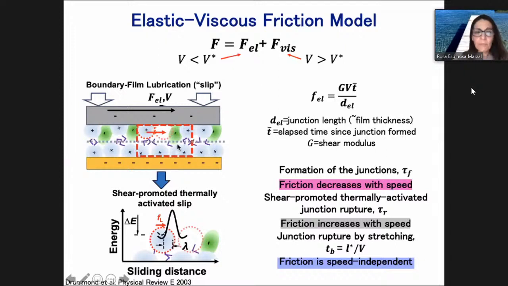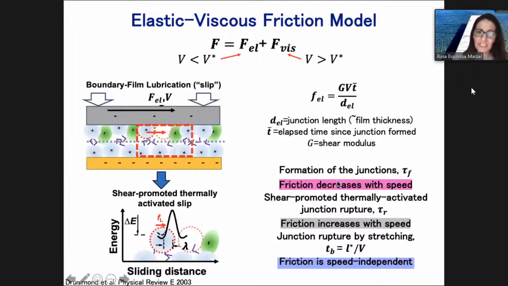The bonds in this model by Drummond are called junctions, and the model assumes that these junctions are elastic springs, and the dissipation originates from the elastic energy stored during the deformation of the junctions and dissipated during the rupture of these junctions. The junctions are interactions between the ions, hydrogen bond, electrostatic interactions, and there are no covalent bonds forming here, but I will call it bonds anyway.